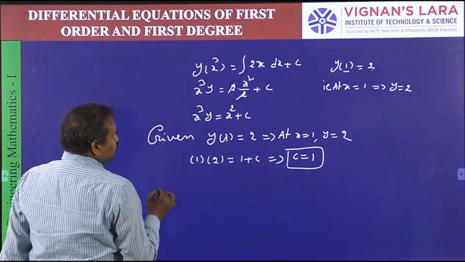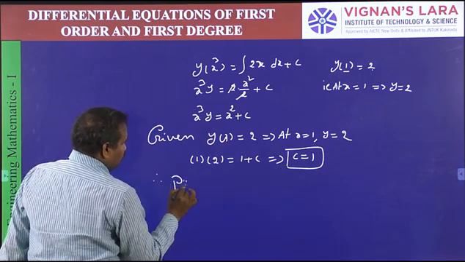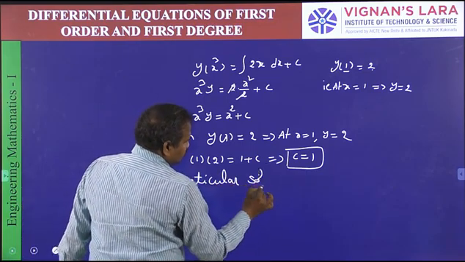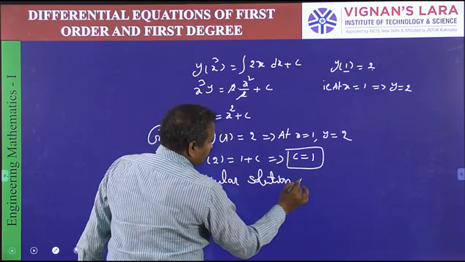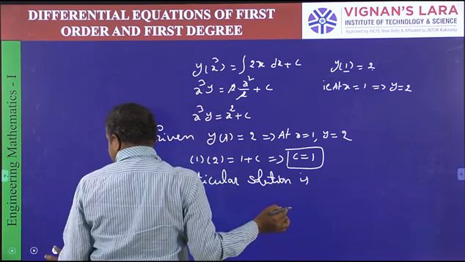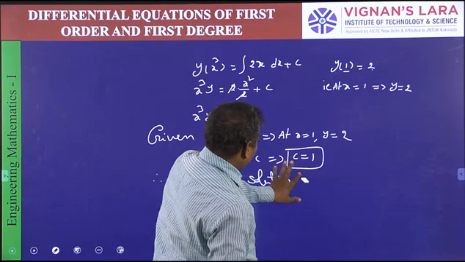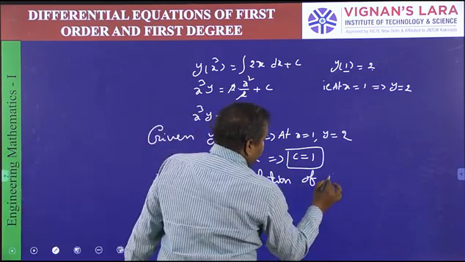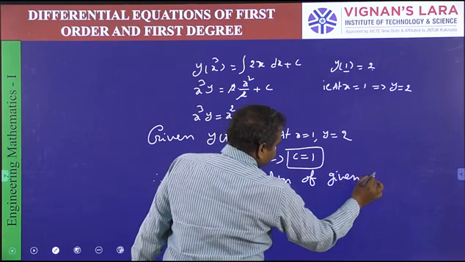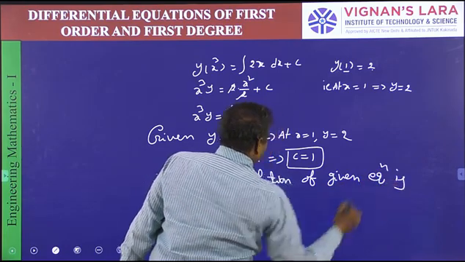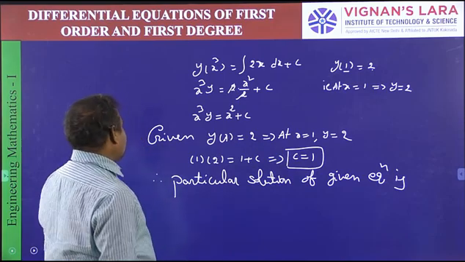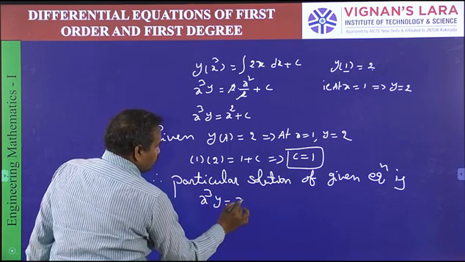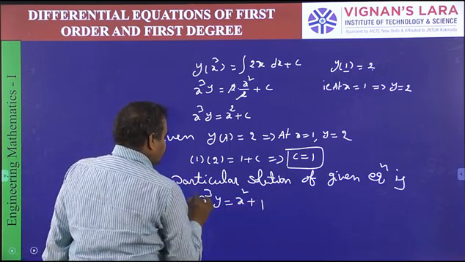Substitute this constant in this solution. Therefore, the particular solution of the given equation. What is the particular solution of the given equation? x cube y is equal to x square plus 1.